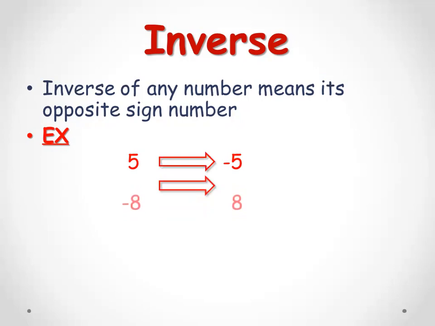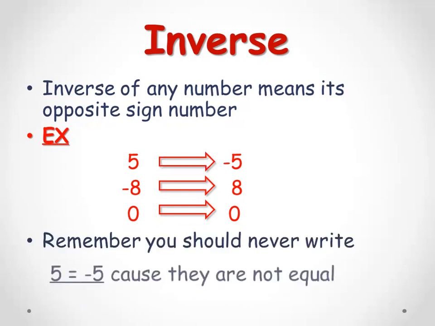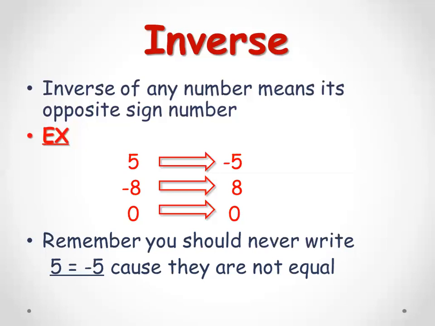And if he's asking for the inverse of negative 8, the answer is 8. Inverse of 0 is 0, because we said that 0 is neither negative nor positive. But remember, girls, you can't write 5 equal negative 5. If he's asking for the inverse of 5, you can't write equal negative 5, because they are not equal.